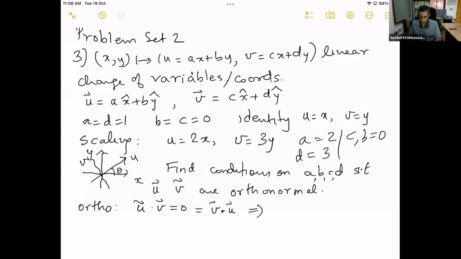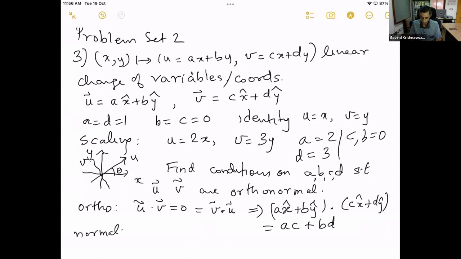So imposing this condition, what do we get? If I take u dot v, I'm going to get ax hat plus by hat dotted with cx hat plus dy hat. Bear with me if this is something you have done and are completely familiar with. The answer here is ac plus bd. Now, normal means u dot u equal to 1 and v dot v equal to 1.